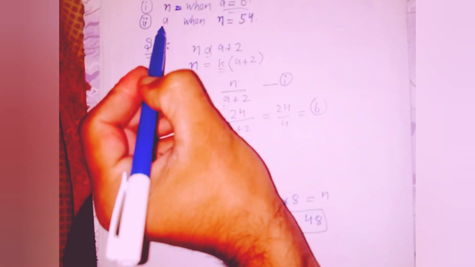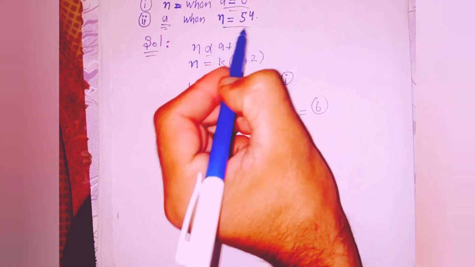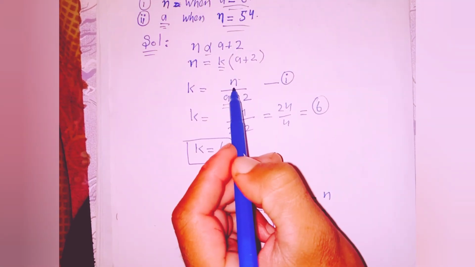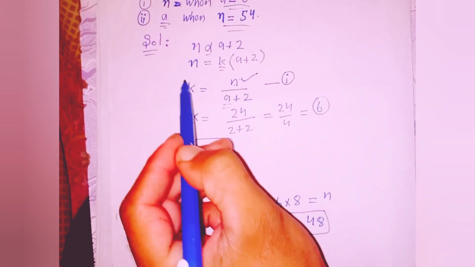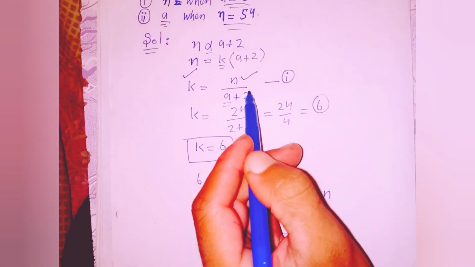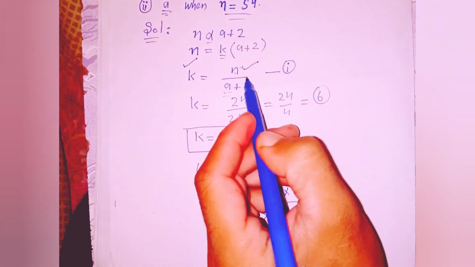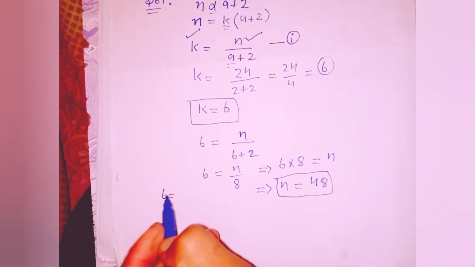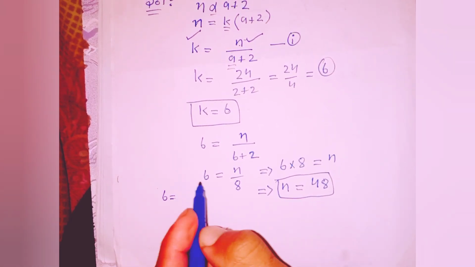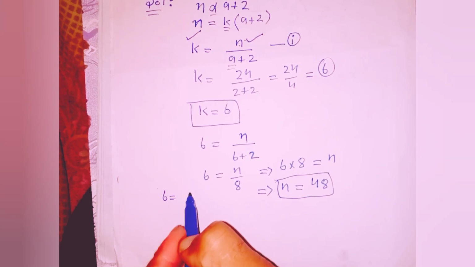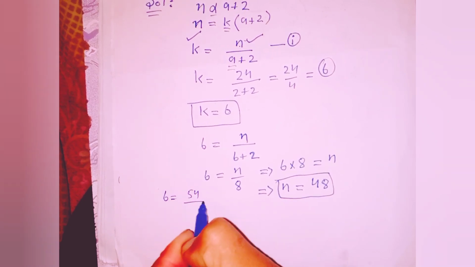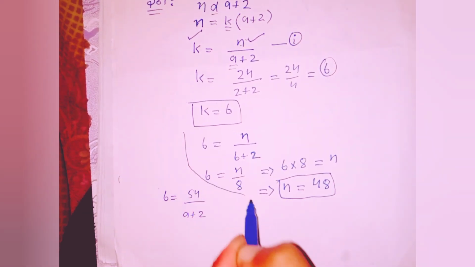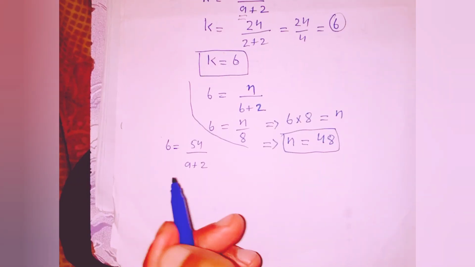Now to find out the value of a when n is 54, we can put the value of n is 54, the value of k is 6, and from here we can get the value of a. So 6 is equal to 54 divided by a plus 2.